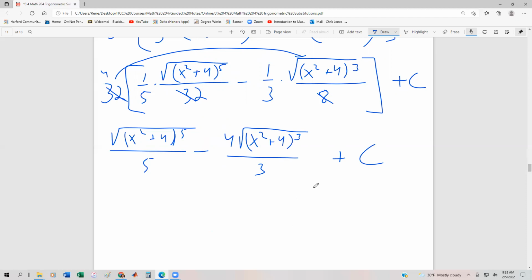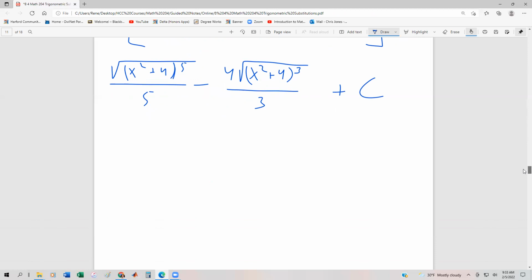To get to what the computer algebra system might give you, if you type this into Wolfram Alpha or Symbolab, you're going to have to factor, right? Notice that there's 3 of these square roots of x squared plus 4 that are common between the two terms, so you can factor that out. You could factor out square root of x squared plus 4 cubed.